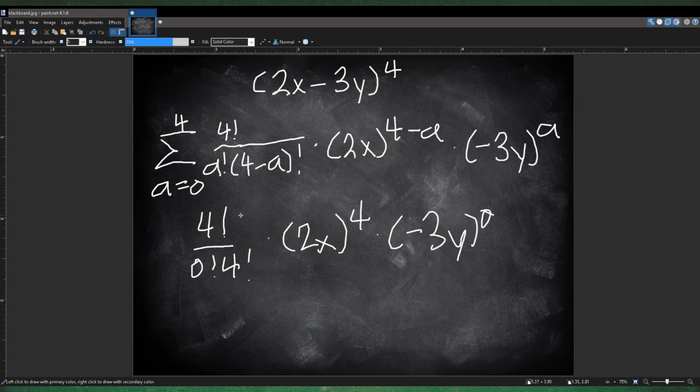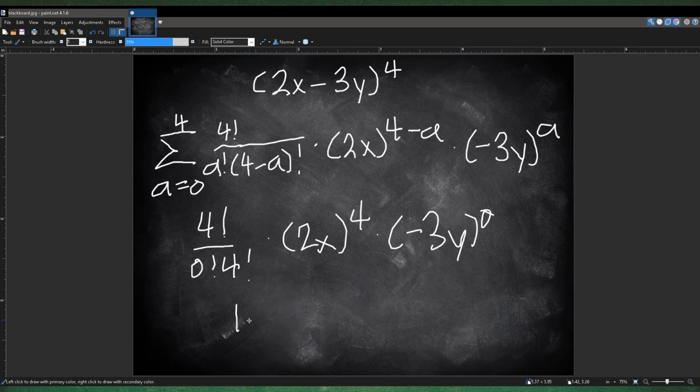The first term will always have this form: even 5 factorial over 0 factorial times 5 factorial is equal to 1, or 6 factorial over 0 factorial times 6 factorial is also equal to 1. So this case will always be 1.